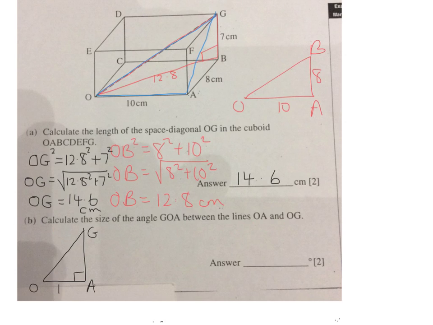What do we know? We know that OA is 10. We don't know what AG is, but we know what OG is, and we've just worked out that OG is 14.6. And that gives us enough information to work out this angle that we've been asked, which is the angle lying in here.